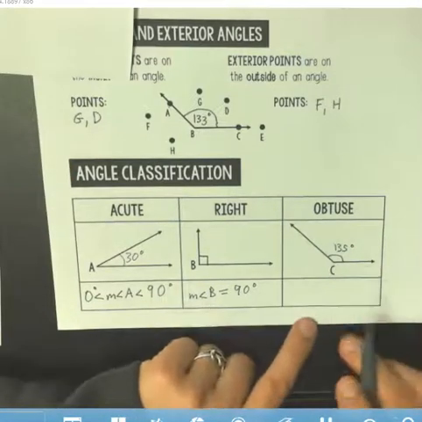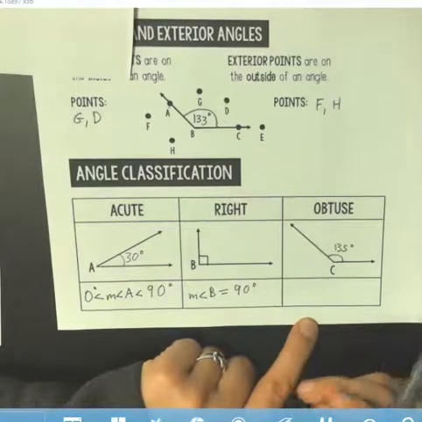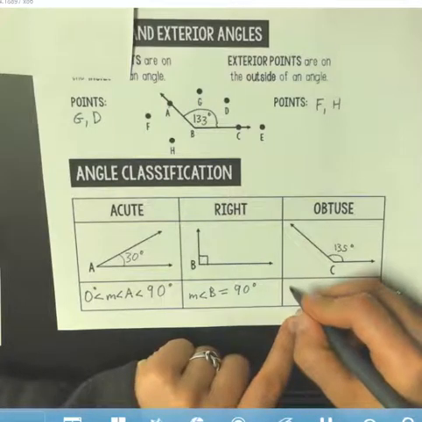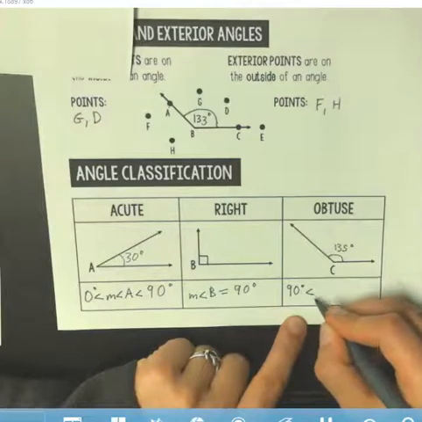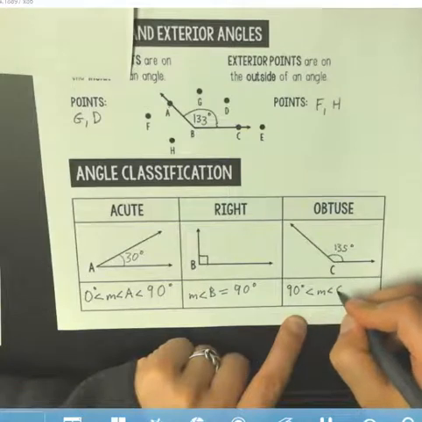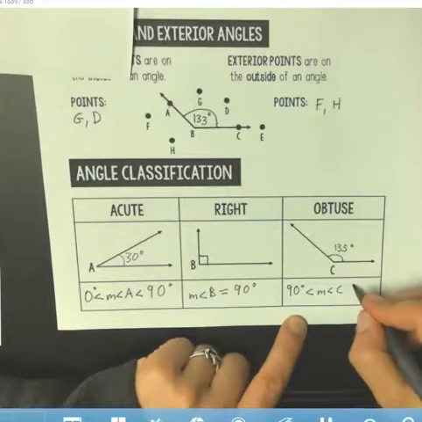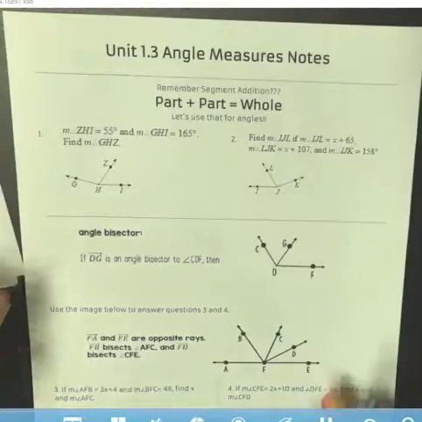And an obtuse angle is an angle that is bigger than 90 degrees and less than 180 degrees. So I'm going to put my 90 degrees. This angle has to be bigger than 90. So measure of angle C is bigger than 90 and less than 180 degrees.